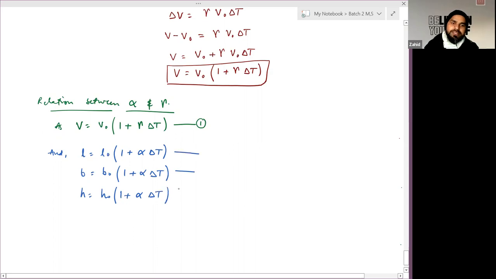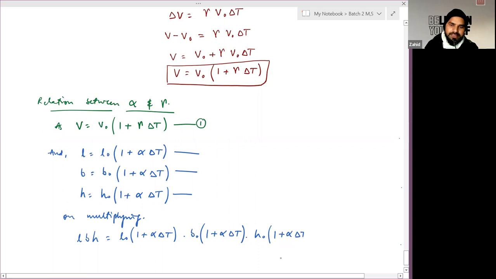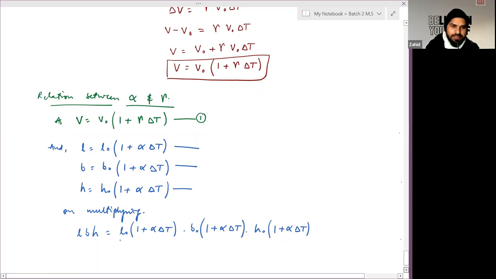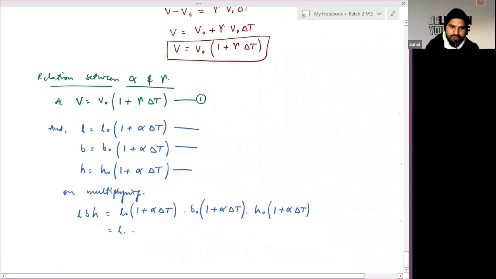Now, if you multiply these three different quantities, you will get volume. So on multiplying length, breadth, height: L naught times 1 plus alpha delta T, breadth B naught times 1 plus alpha delta T, and height H naught times 1 plus alpha delta T. Now just combine them: L naught B naught H naught, and 1 plus alpha delta T appears three times, each having exponent 1.